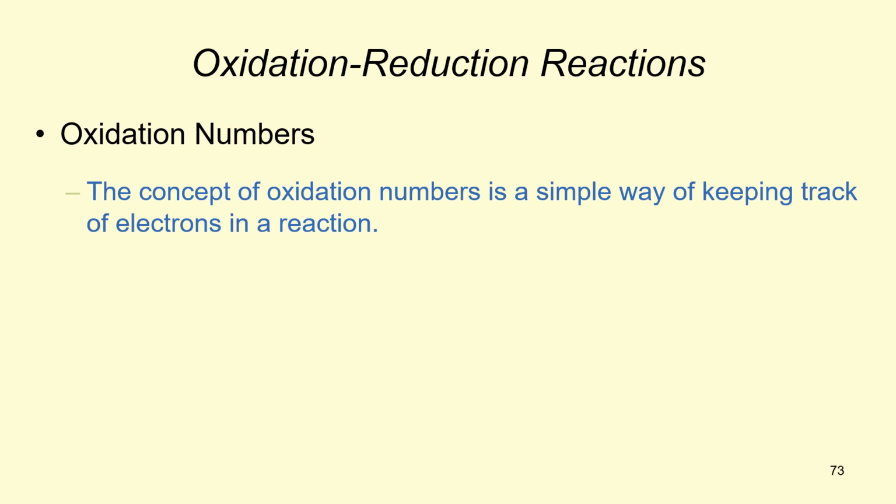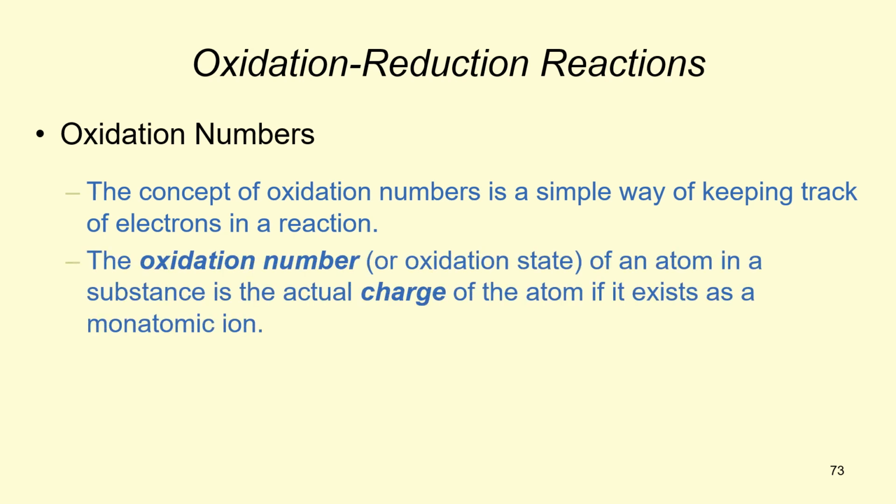Another way that you can figure out oxidation and reduction, if you can't see electrons leaving or coming, is to use oxidation number. An oxidation number is a way of keeping track of electrons in a reaction. The oxidation number, sometimes also called the oxidation state of an atom, if it's an atom in its elemental form all by itself, will be equal to the charge of the atom.